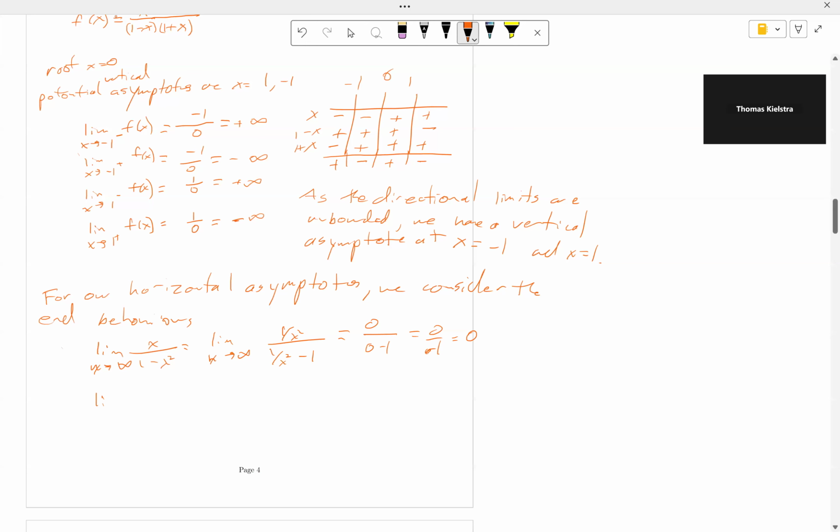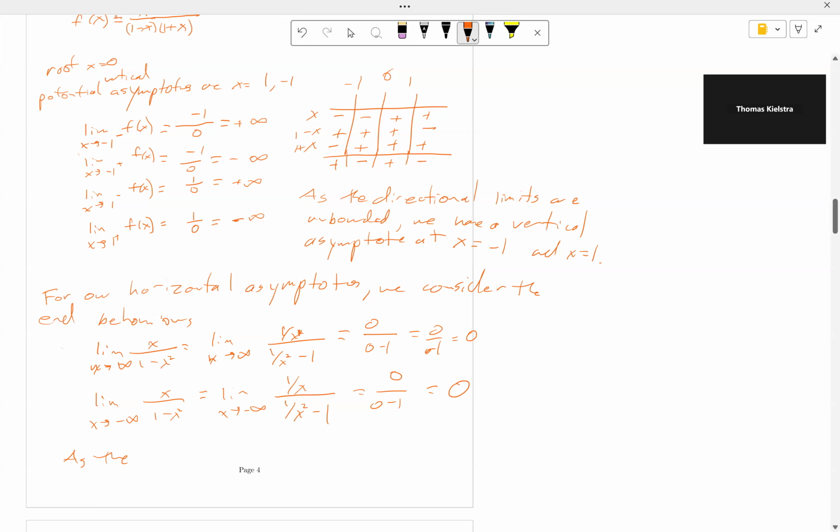And the limit as x approaches minus infinity of x over 1 minus x squared equals the limit as x approaches minus infinity of (1 over x) over (1 over x squared minus 1), which equals 0 over 0 minus 1, which equals 0.